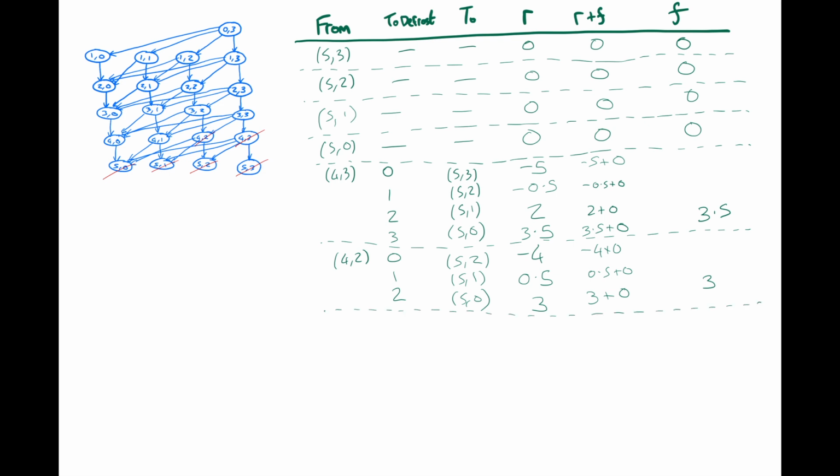How about state 4.1? We can either defrost 0 boxes or 1 box. Ended up in states 5.1 or 5.0. Defrosting 0 boxes, we will incur a fine of 2,000 for not selling any burgers, and we have to pay to keep 1 box frozen, which will cost 1,000. So this will overall be minus 3,000.